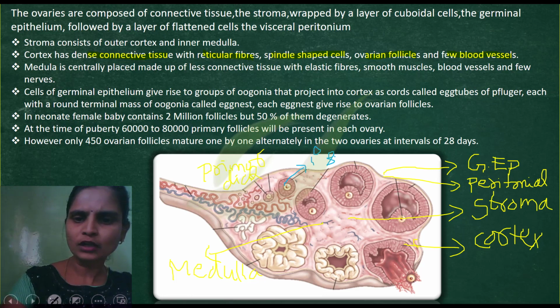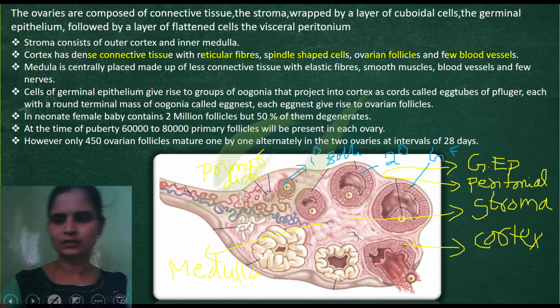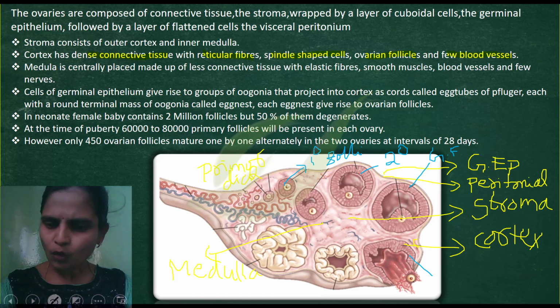Next we are going to find secondary follicles as well as tertiary or Graafian follicles. So we can find here many follicle stages present, and this is ovulation.